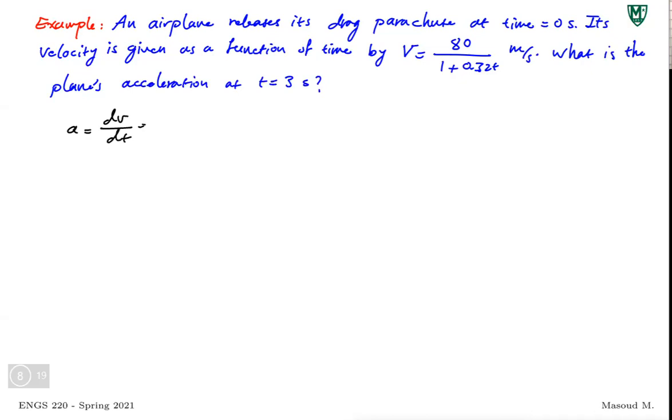You have to take the derivative of this fraction. Hopefully you remember how to do it. It's the derivative of the numerator, which is 0, multiplied by the denominator, minus the derivative with respect to time of the denominator, which is 0.32, times the numerator, which is 80, divided by the denominator squared.